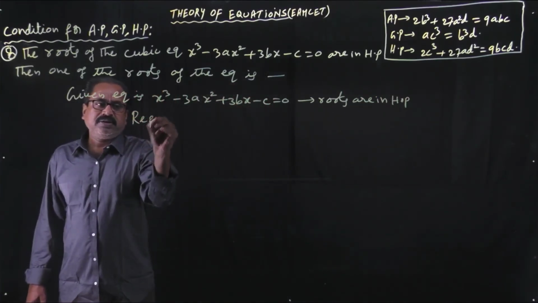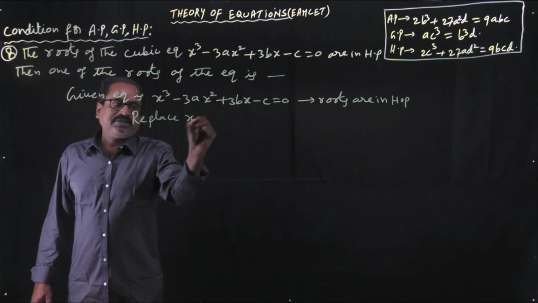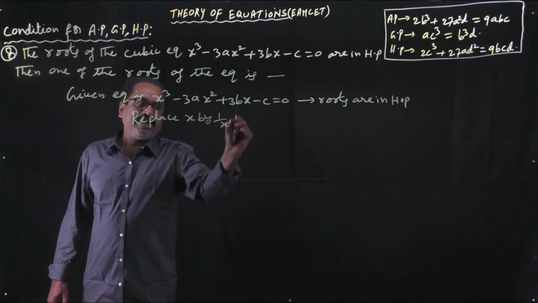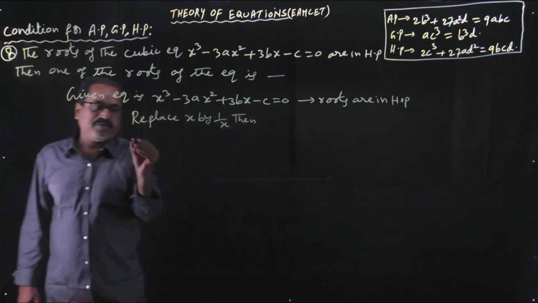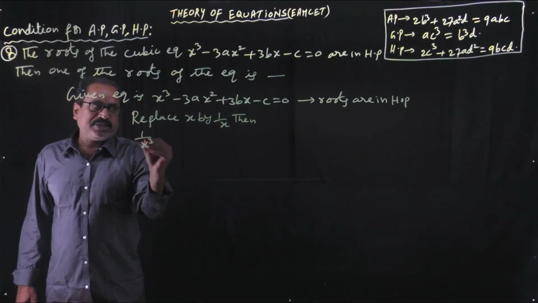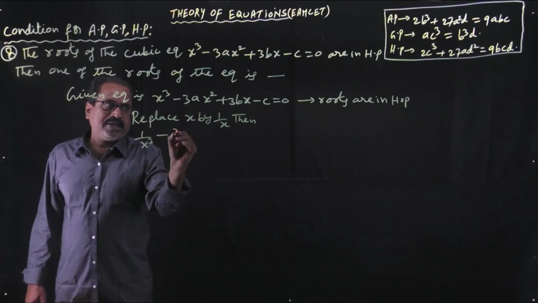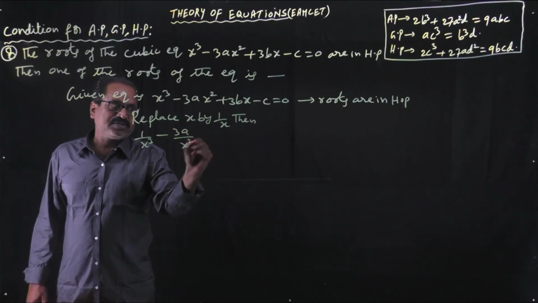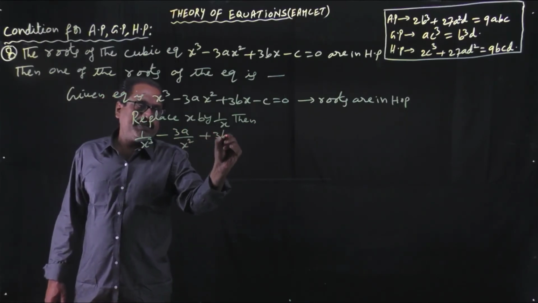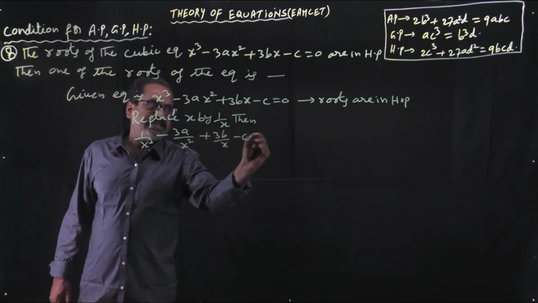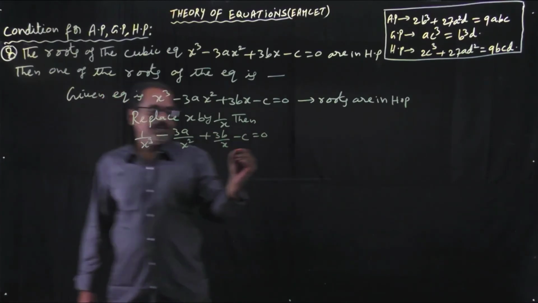Replace x by 1 by x, then 1 by x cube minus 3a by x square plus 3b by x minus c is equal to 0.